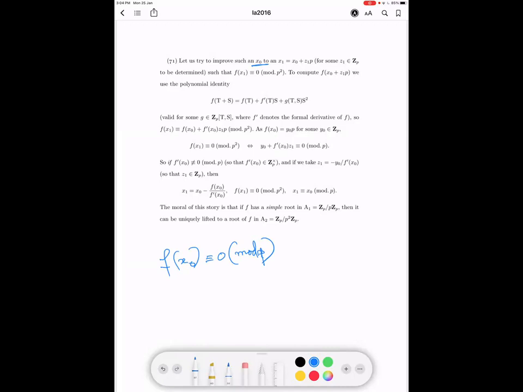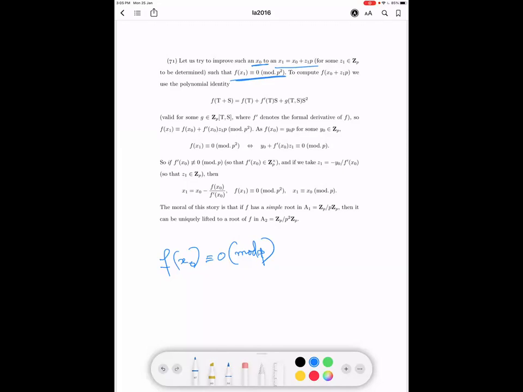Then I want to improve it to an x1, such that f of x1 should be congruent to 0 mod p squared. Ultimately, I'm looking for a number such that f of that number is divisible by p, p squared, p cubed, and so on. I'm trying to do it in steps.